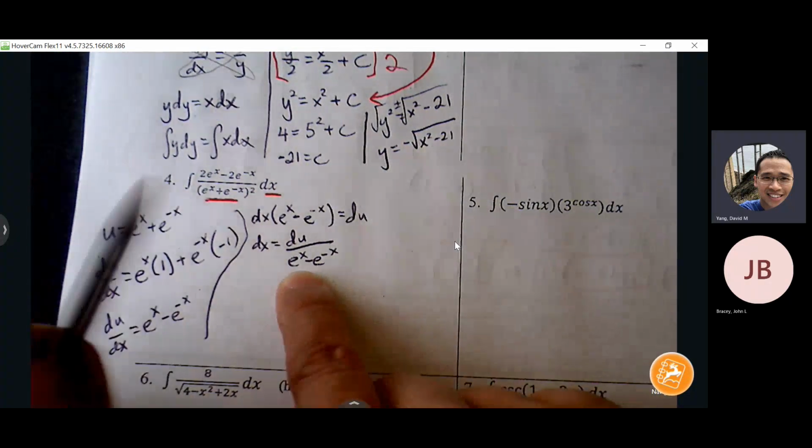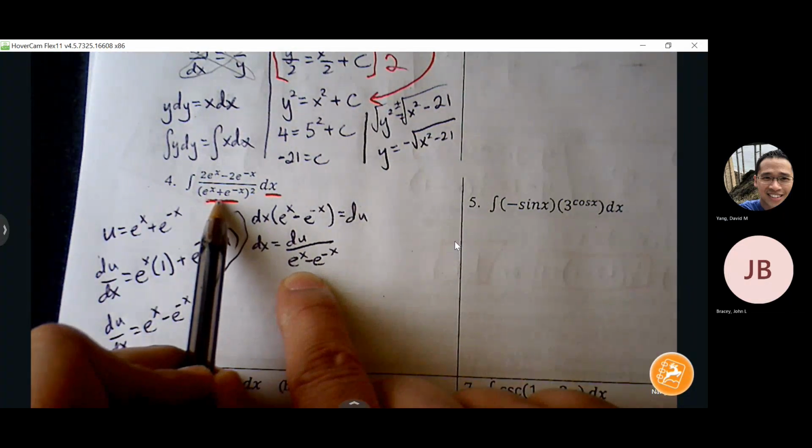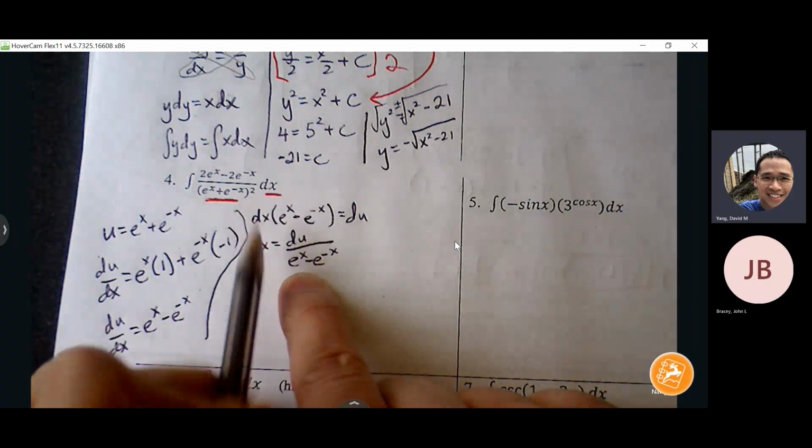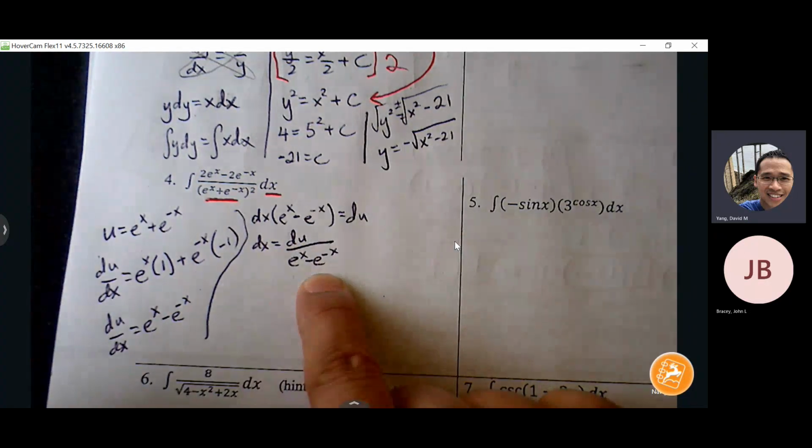Make your substitutions. Parentheses gets replaced with u. dx gets replaced with du over e to the x minus e to the negative x.